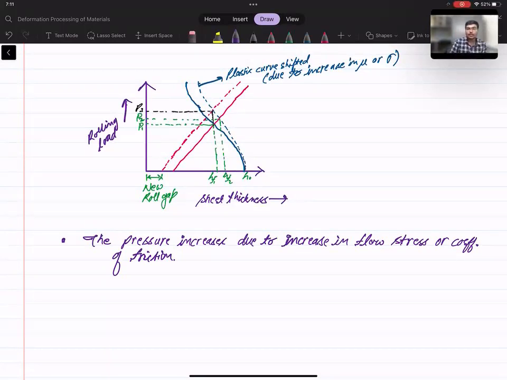And what happened here is that we now need to reduce the roll gap so as to increase the pressure to achieve the final thickness which is required.